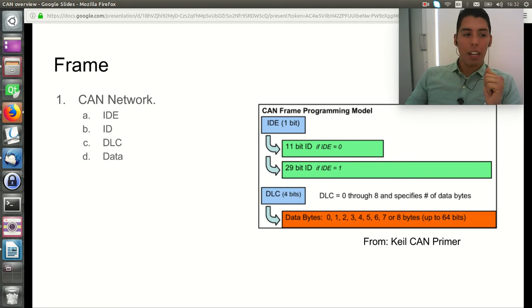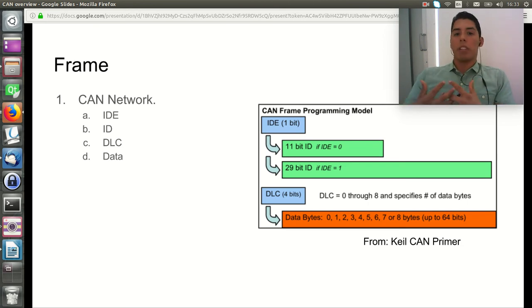The second part is the ID that sets priority among frames. If 2 or more CAN frames are put on the bus at the same time, the highest priority will be processed first. The other will be delayed until the next bus idle time.